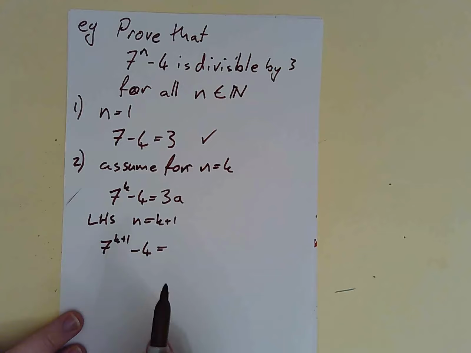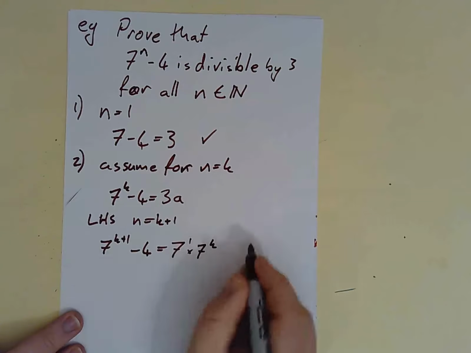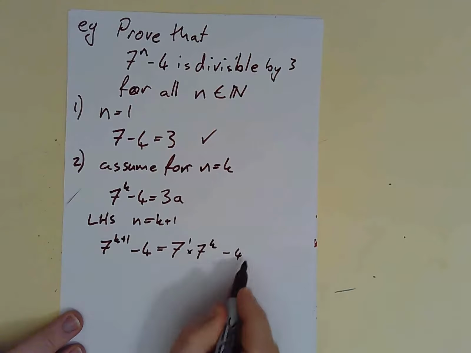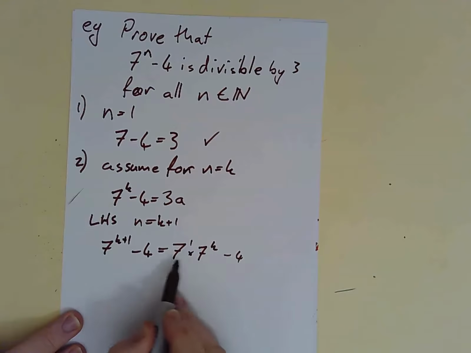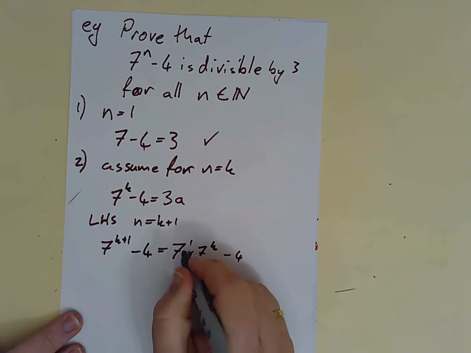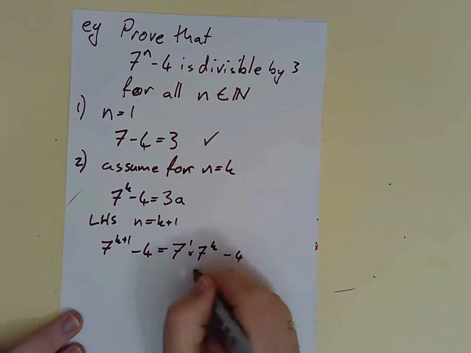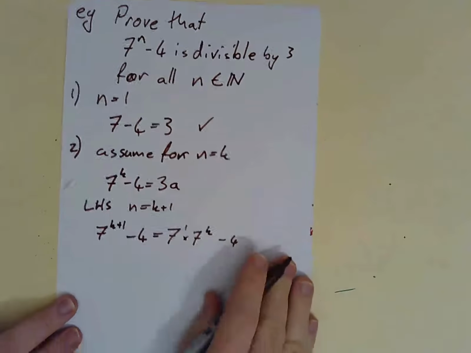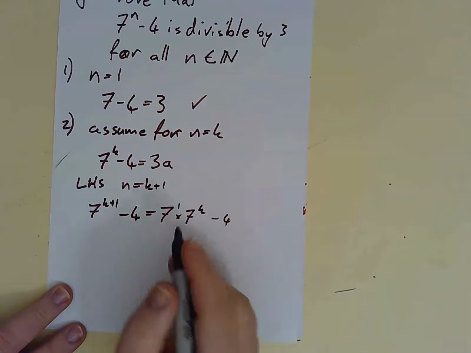We're going to say, well, that's 7 to the 1 times 7 to the k. Now it's sort of looking more similar. I've got this annoying part here where I've got 7 times this, so I can't just directly pull it out. I have to do a little bit of funkiness.